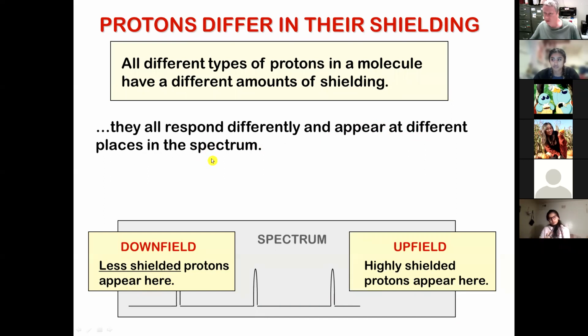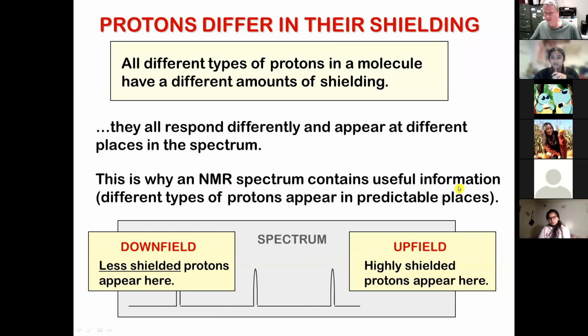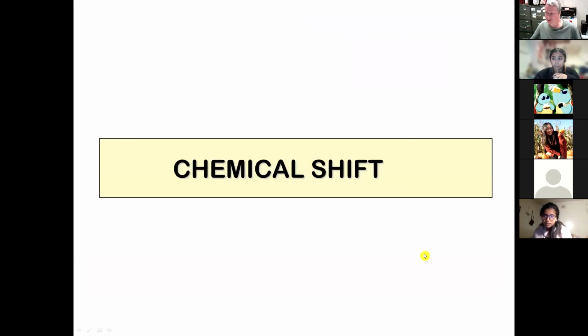That's why NMR is so cool, because the different types of protons come at different places. That's why NMR contains useful information. Different types of protons appear in predictable places. Not only different places, but predictable. Like we can make little charts. Chemical shift. Okay, so chemical shift just means the position on the x-axis, all right?